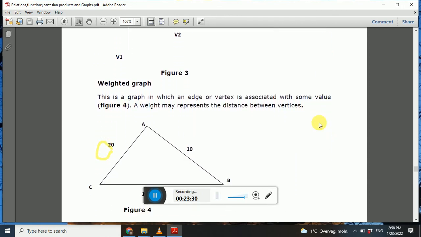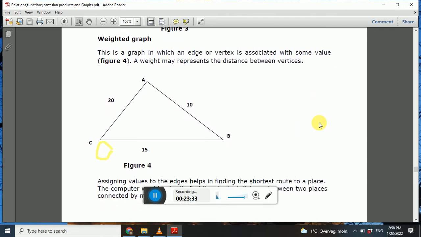And a weighted graph, this comes from the word weight. You have a graph and then you can decide to add some values, associate a value. That value can be like, say, length, it can be like height. So if you have a graph and then you attach a value either on a vertex or on the edge, then you call it a weighted graph.